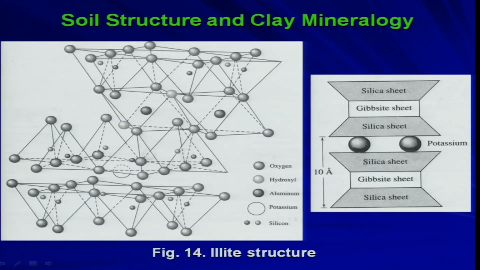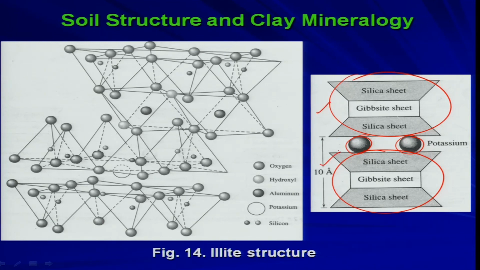Now, what does it mean? If you look at the structure, you have the same structure as montmorillonite, there is no issue with that, whereas instead of water or some exchangeable ion, you have potassium at the interface, which is bonding the lattice structures.